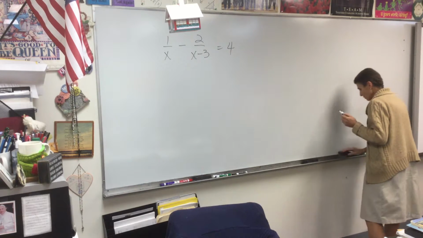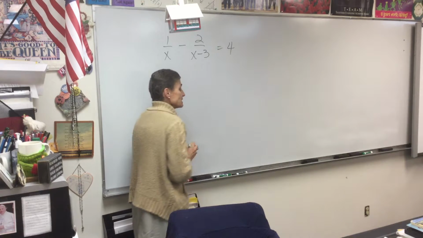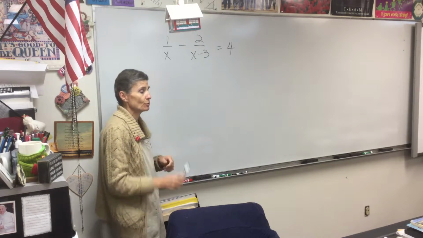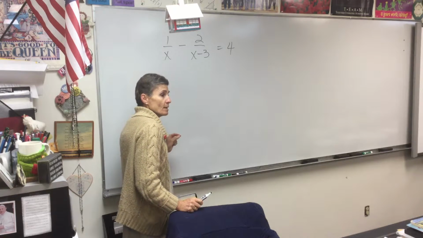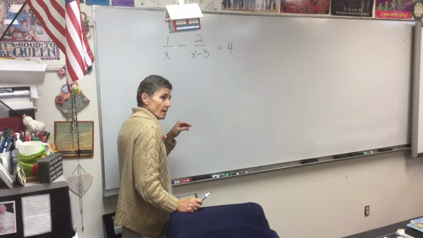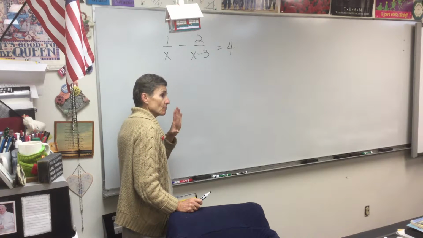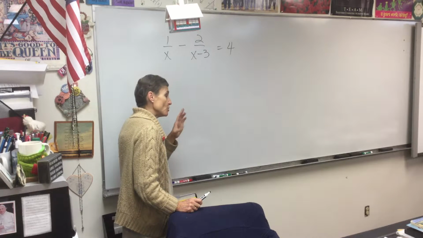I know. Ooh, ooh, ooh. Everybody says ooh. The easiest thing to do, and I'm not saying the only thing to do, but if your reaction is ooh, ooh, ooh, then let's get rid of the fractions. You don't have to.